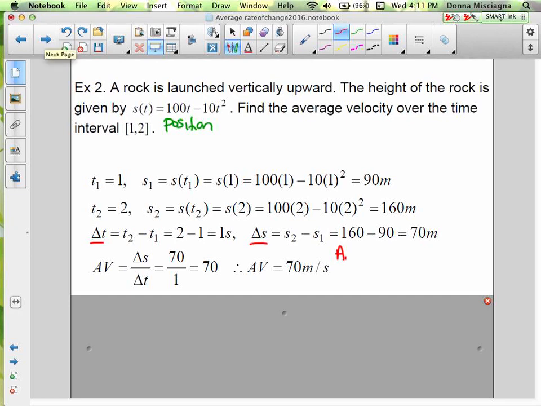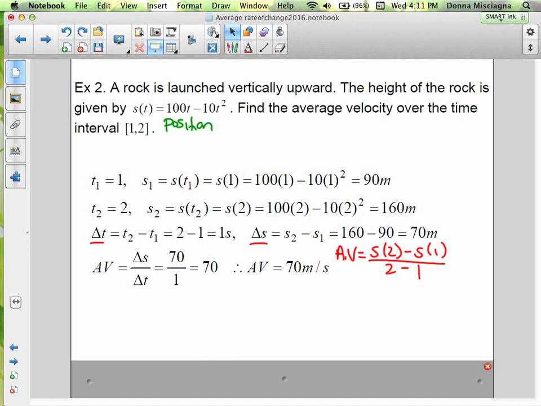Average velocity, okay, would be S of 2 minus S of 1 divided by 2 minus 1. I find that easier because what if instead of subtracting S of 1 from S of 2, I reversed it. I kind of like to see that, yes, I've matched up the points correctly.